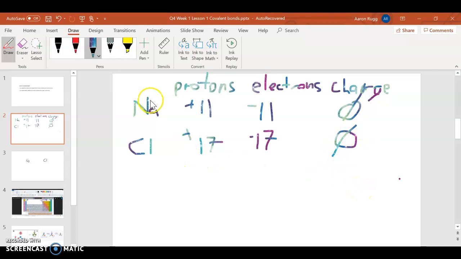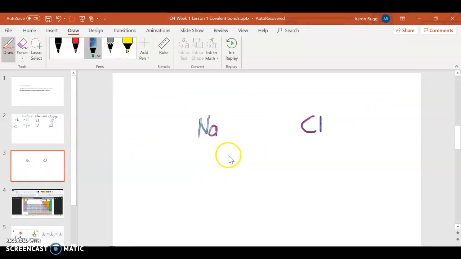So what makes sodium so special that it wants to give up electrons? Let's look at how many electrons sodium actually has. It says it has 11. When we look at atoms, and we talked about this during third quarter, we talked about energy levels. Sodium has energy levels which we represent in rings.